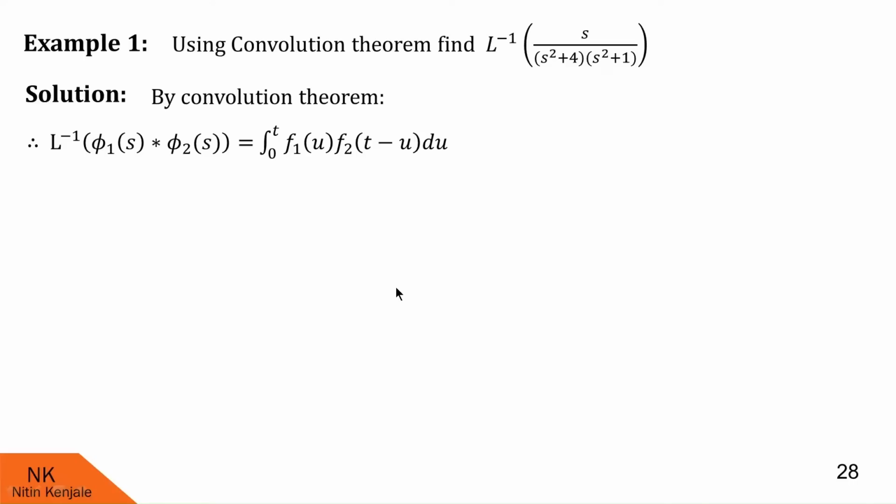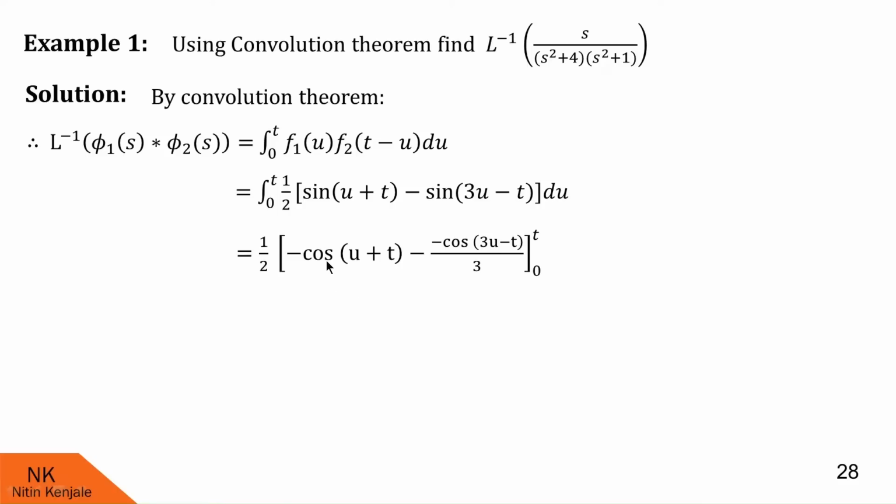Let us substitute it over here like this. Now let's integrate this. I'll take out this constant. Integration of sine is minus cos. Remember, you have to integrate this integrand with respect to u. So if you do not find u term in any function, consider that function as constant.